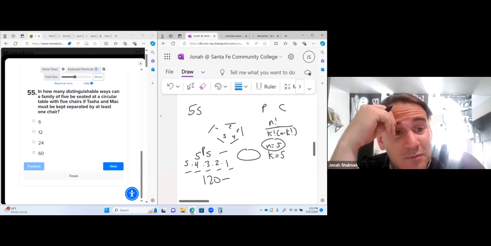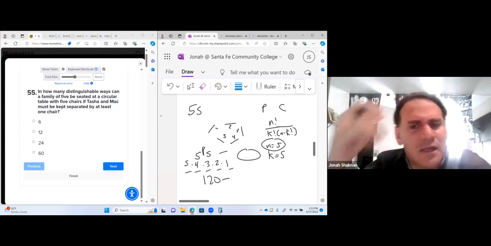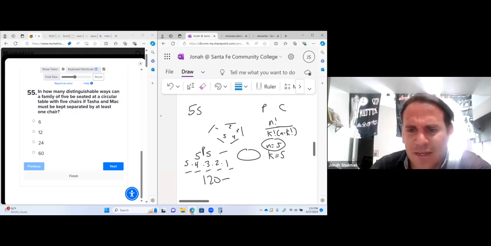If Tasha and Mac must be kept separated by at least 1 chair. This one looks a little crazy. I think I'm going to do 5P2. No, I think it's got to be 5P3.